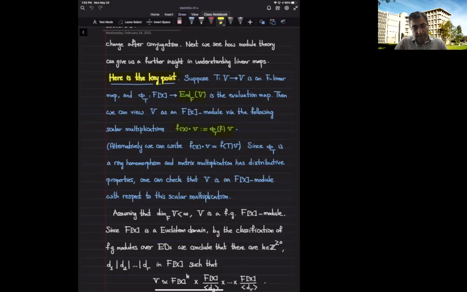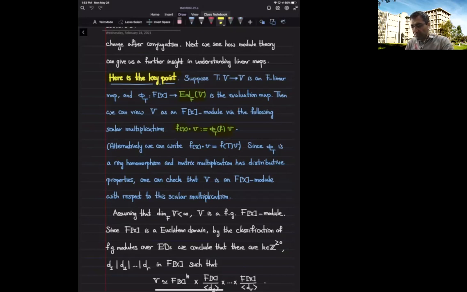Now, because V is finite dimensional, if I pick an F basis, then every vector inside V is an F linear combination of these vectors.